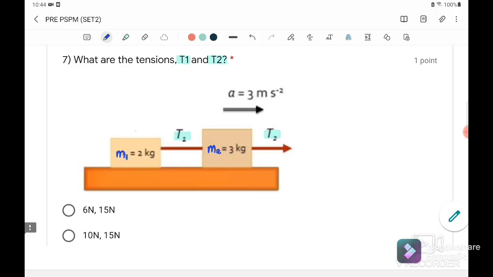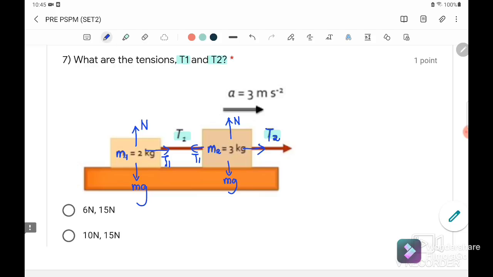For mass 1, we have a normal force and mg. At the same time, we have T2. So this is the free body diagram for M1. For M2, there are the normal force, mg, tension 2, and also tension 1. Sorry, this one is actually tension 1.